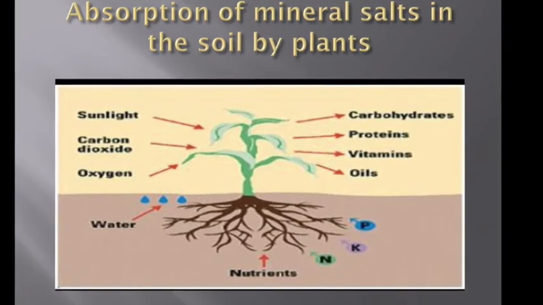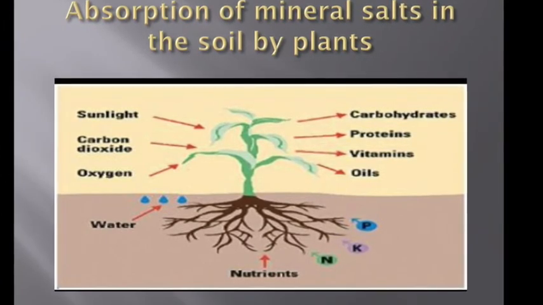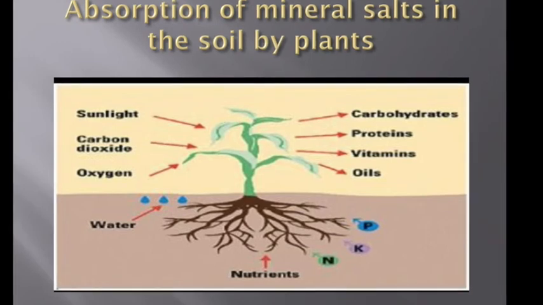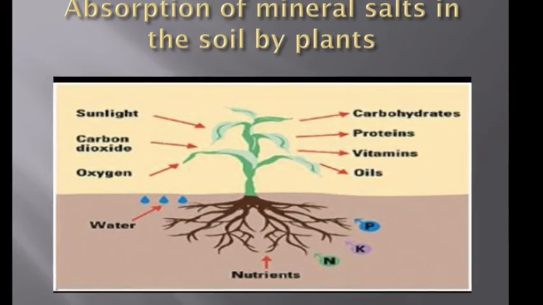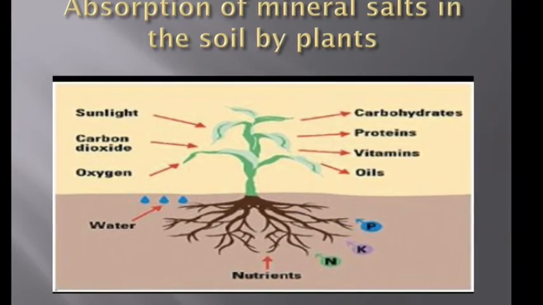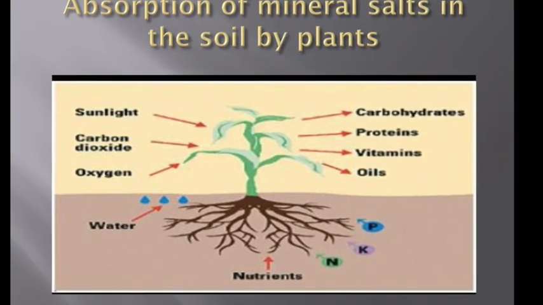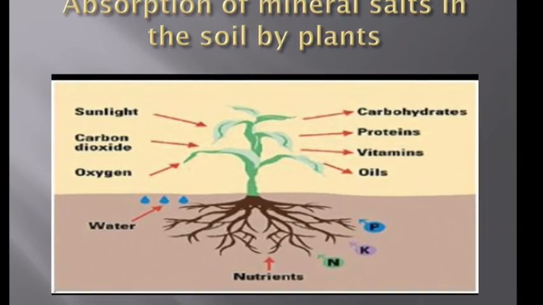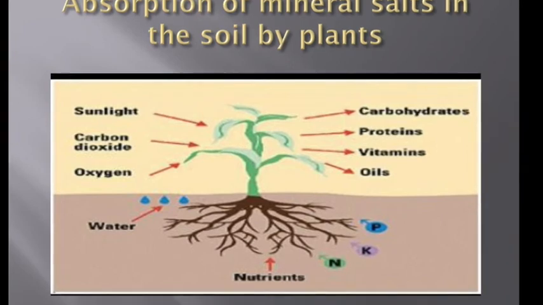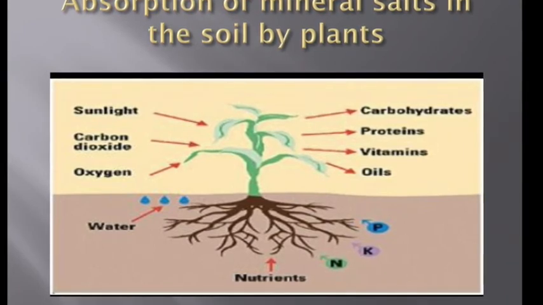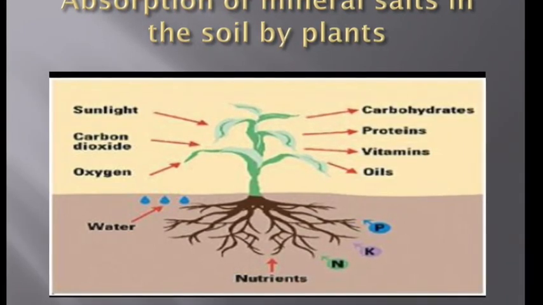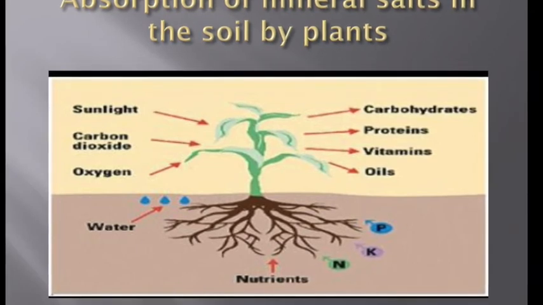When they are in abundance, they become a higher molecular concentration, and in the plants there is a lower molecular concentration. They are able to enter into the plant by virtue of diffusion.